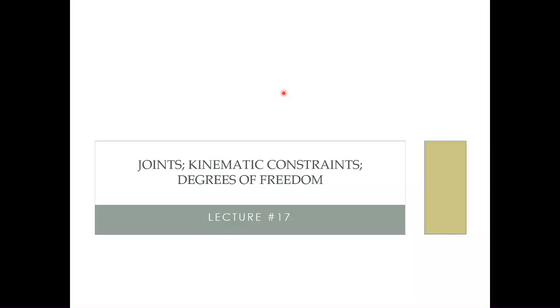Okay, so last lectures, I very quickly went through this set of slides, and today I want to finish what's important for you guys to know. So the discussion here goes about joints, constraints, and degrees of freedom, because these things are all related.